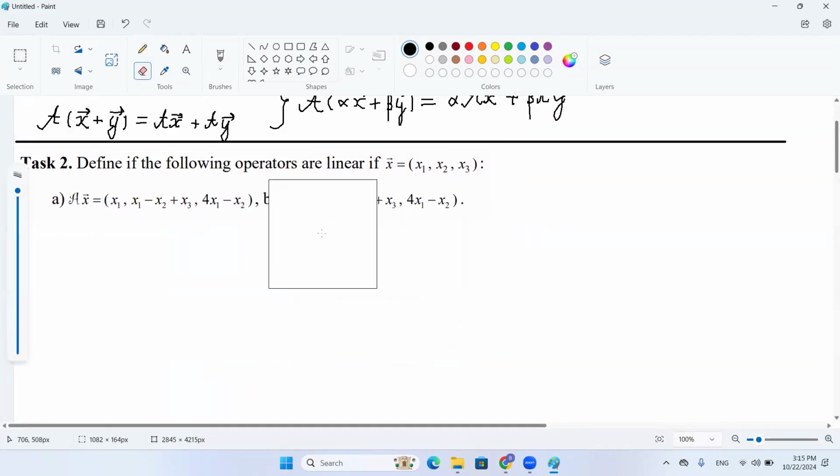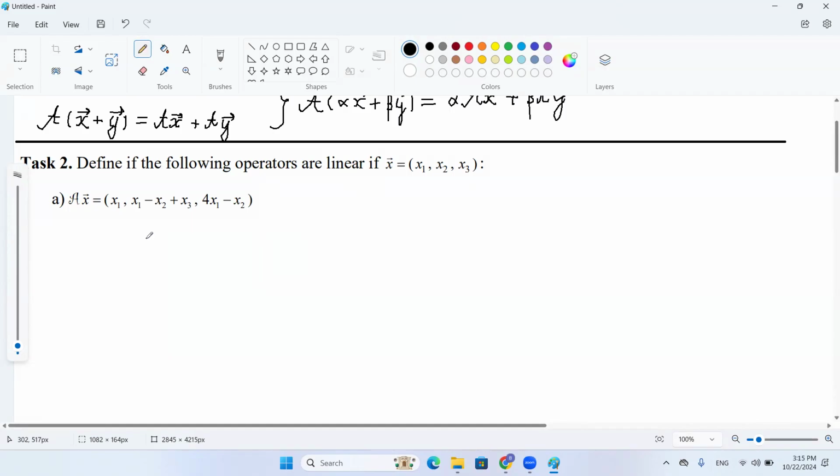And now we won't solve part B. A will be enough because B is analogical. We need to check if this operator is linear.